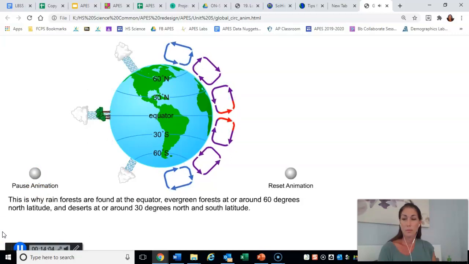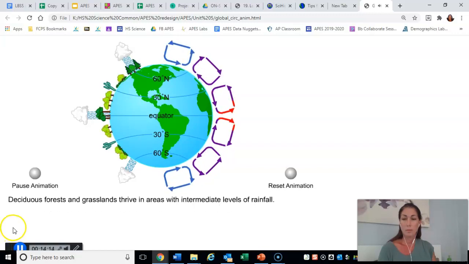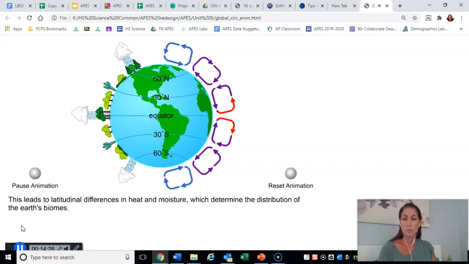This is why rainforests are found at the equator, evergreen forests at or around 60 degrees north latitude, and deserts at around 30 degrees north and south latitude. Deciduous forests and grasslands thrive in areas with intermediate levels of rainfall. Thus, the uneven heating of the Earth by the sun sets in motion the Earth's global air circulation. This leads to latitudinal differences in heat and moisture, which determine the distribution of the Earth's biomes.